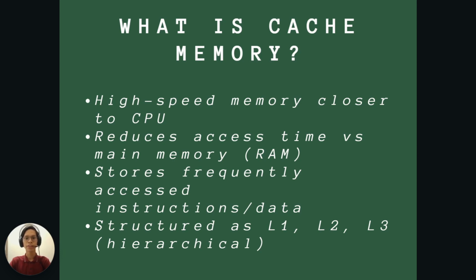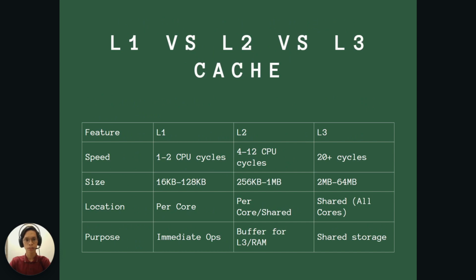The cache memory is used to store frequently accessed data or instructions and is structured as level 1, 2, or 3, also known as hierarchical. Now, we look at the comparisons between the three levels of cache. For level 1, there are only 1 to 2 CPU cycles, with sizes from 16 kilobytes to 128 kilobytes.